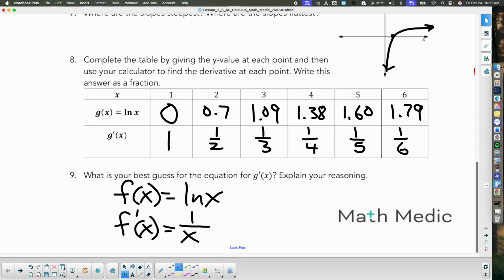So if I look at x equals 1, the height is 0, so that's the original function answer, but the slope would be 1. Is that what you were getting kind of backwards? Okay.